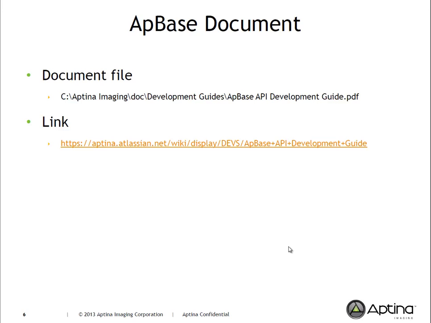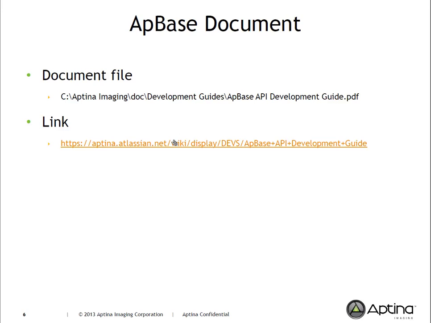The ApBase documentation can be found here on your installation of DevWare, and there's also an external link that's accessible for the same document. We provide both of these. There will be a time where we transition away from having the documentation inside DevWare so we can make smaller installers. That's the goal of that.